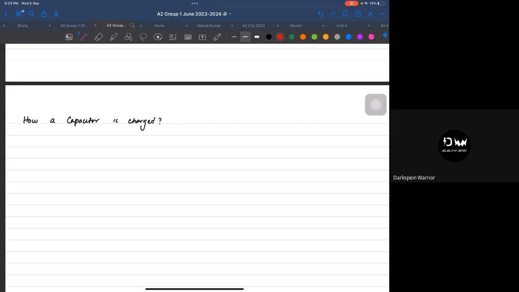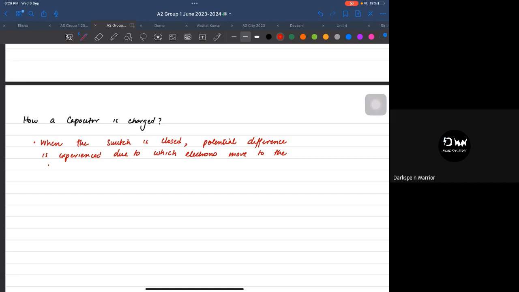So we're going to say number 1, when the switch is closed, potential difference is experienced, due to which electrons move to the positive terminal.